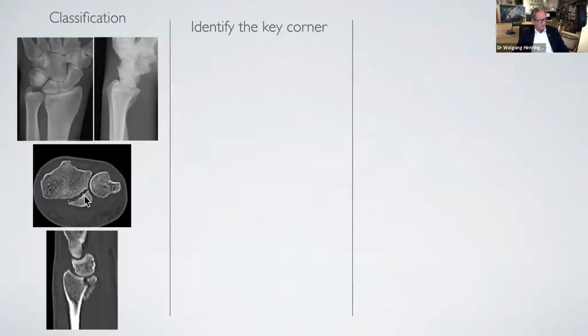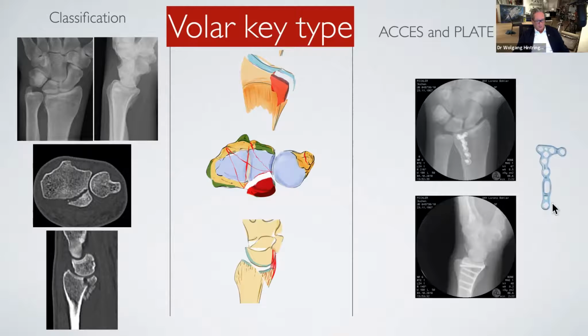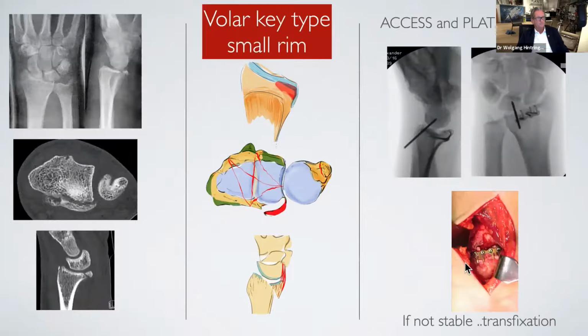Here we have a volar fragment, identify the key type, a volar key type fracture, and you see the surgeon chose a volar plate, and he did a fracture-specific fixation of that fragment.